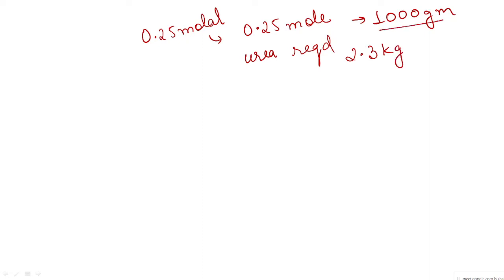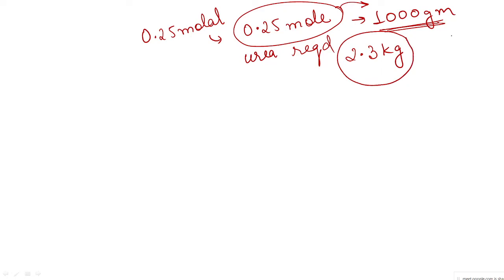It is asked how much gram you are going to add, not moles. If moles were given we would directly find it: 1000 has 0.25, then how much for 2.3. But here the question is given in moles and you are asked in terms of gram. For that you have to convert this mole into gram.